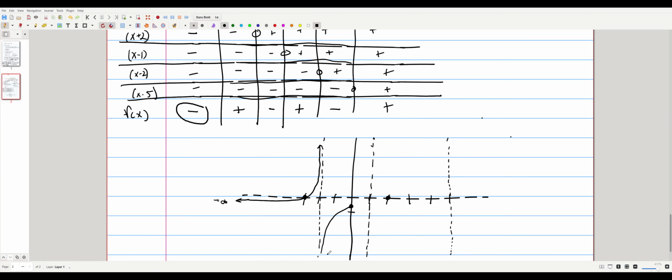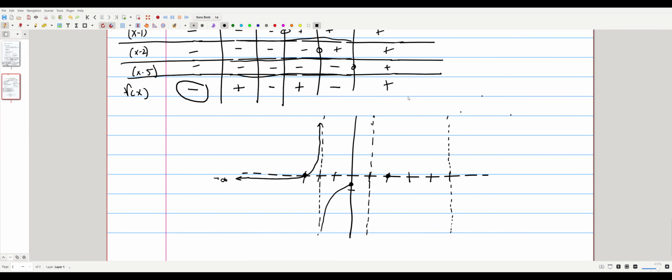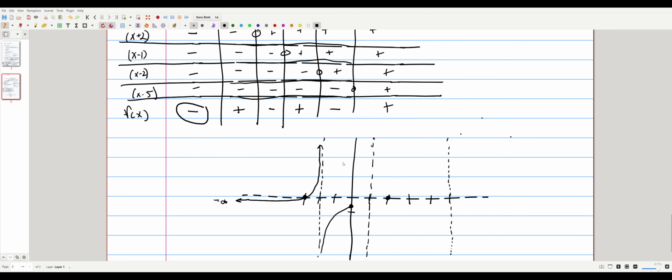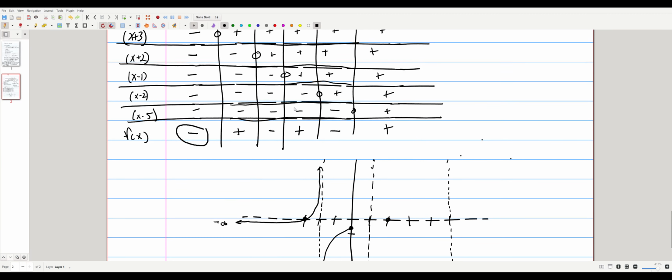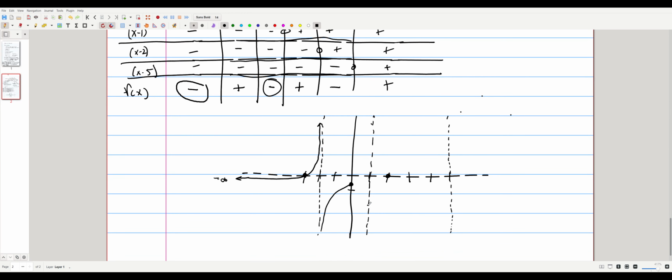Okay, and then we cross the y-intercept. And because we know we're going to be negative on this interval the entire time, between negative 2 and 1, we know that we can just send our function right back down. Okay, so there are 2 arrows.